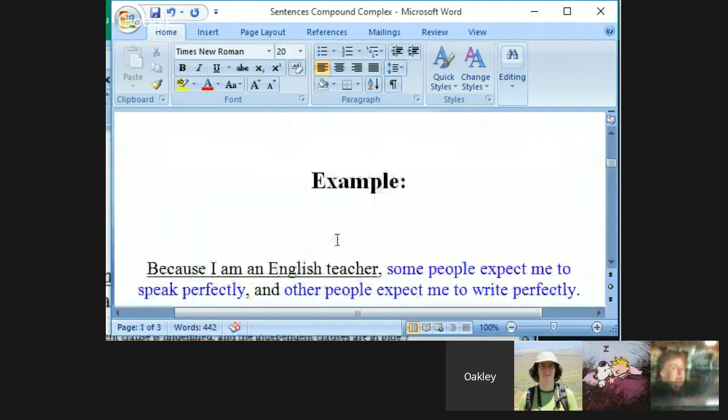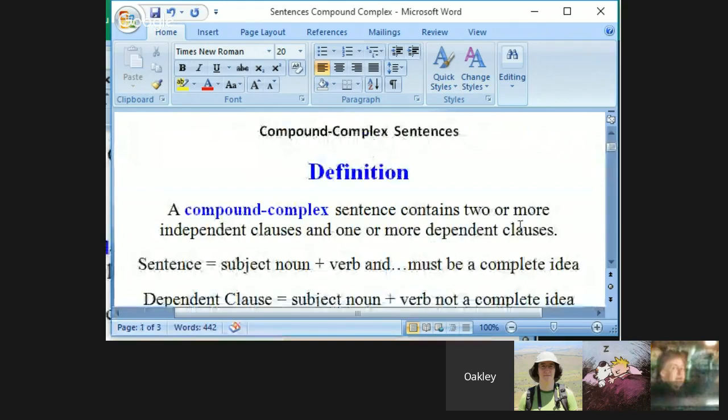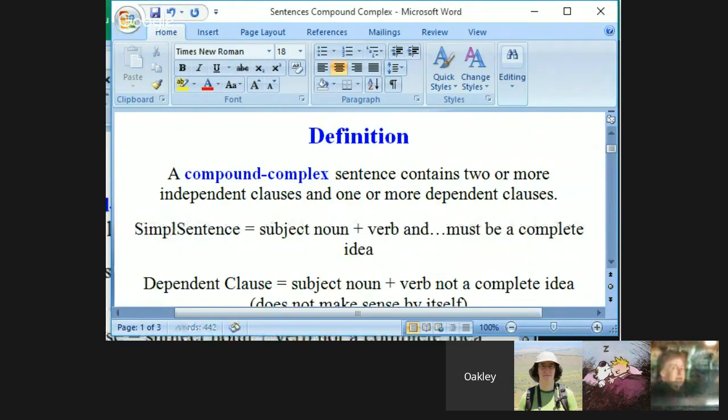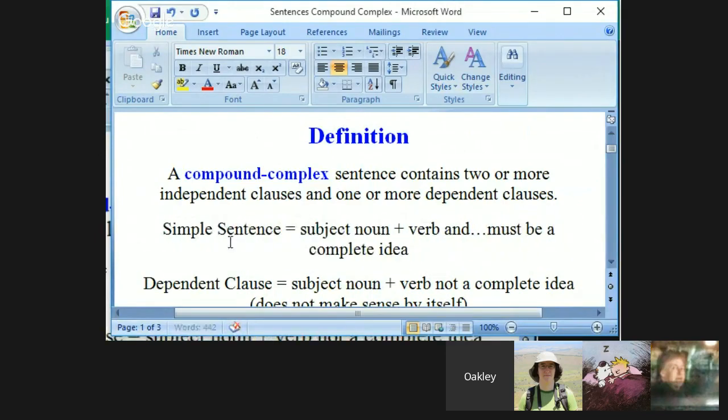Well, a compound complex sentence needs at least two independent clauses and one or more dependent clauses. An independent clause, or simple sentence, is the same thing.